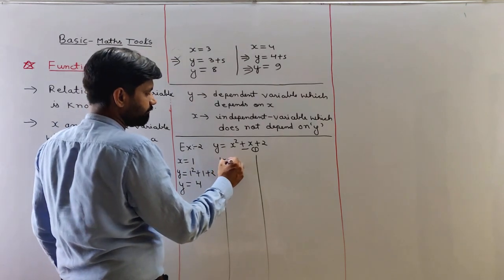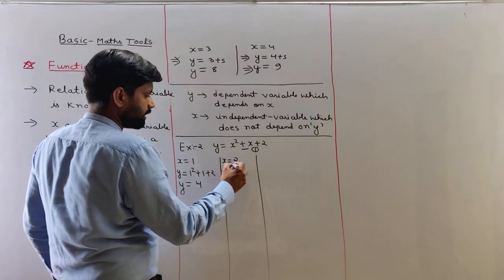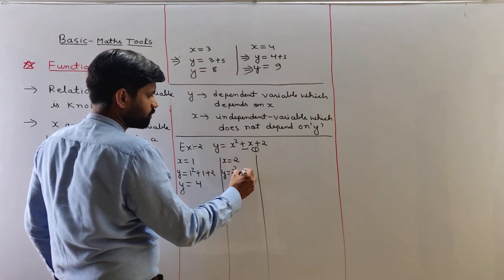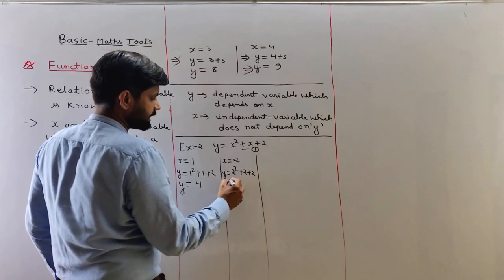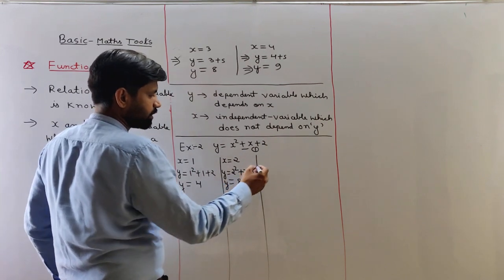If we put x is equal to 2, we get 2 square plus 2 plus 2, that is equal to 4 plus 2 is 6, plus 2 is 8. We get y is equal to 8.